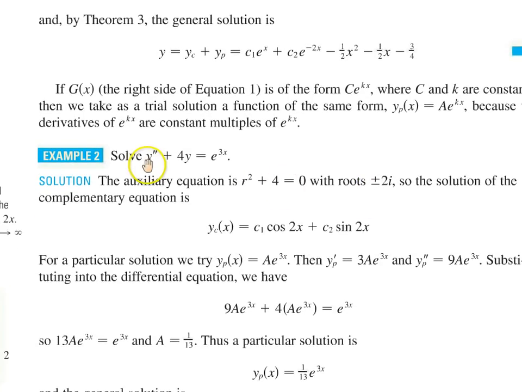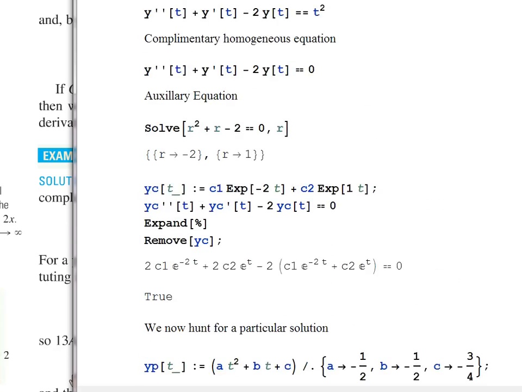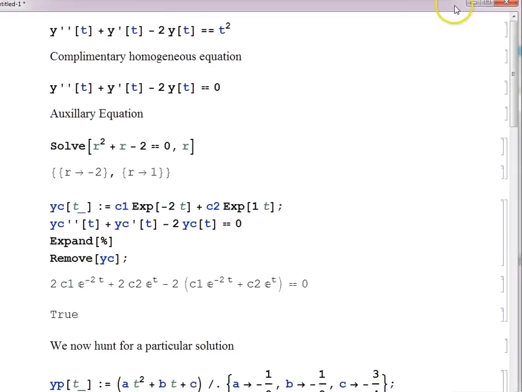Let's try this one right here. y double prime plus 4y equals e to the 3x. This time I'll be smart and I'm going to use x instead of t. Okay? So let's come back. I can actually just move this screen.